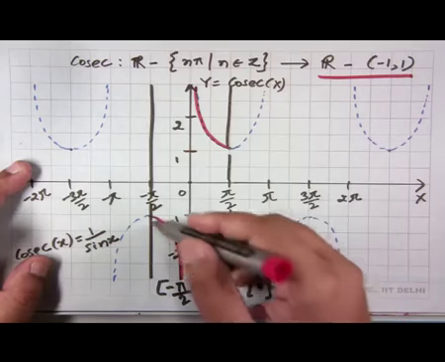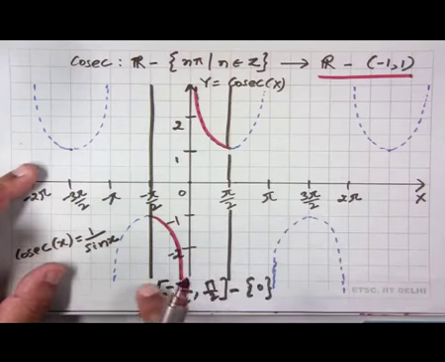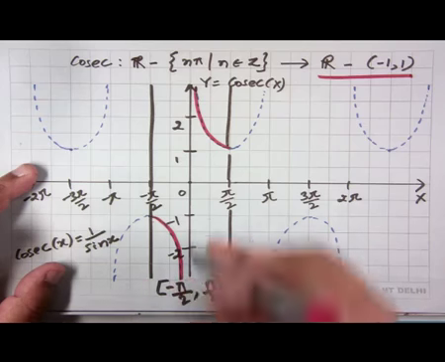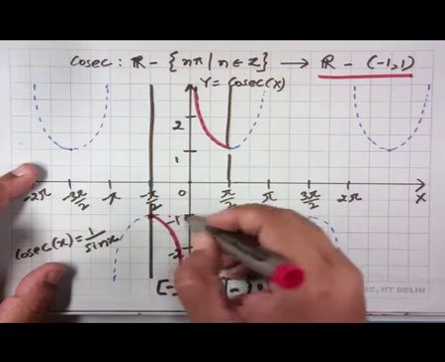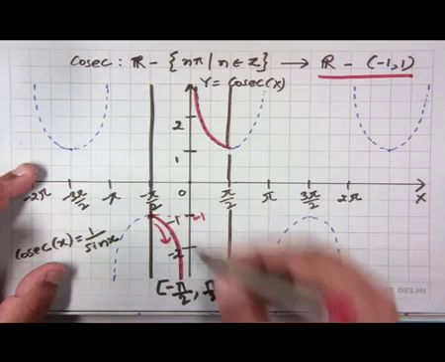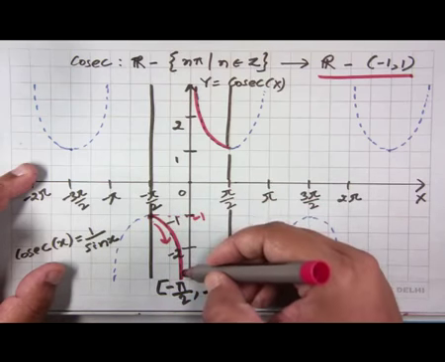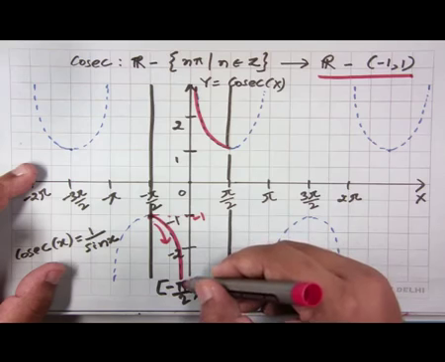Apart from this range of values, it does take all other possible values. For the interval between minus pi by 2 and 0, if we start from here, this value is -1, and if we go like this, the curve is continuous, and starting from -1 it goes all the way to -infinity.